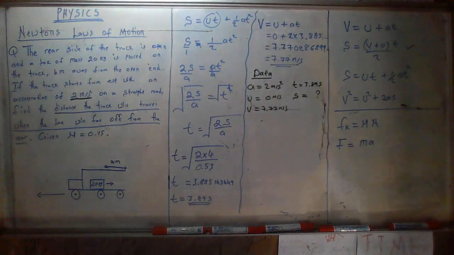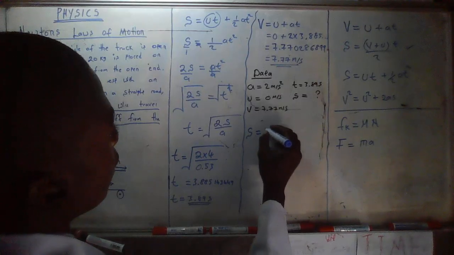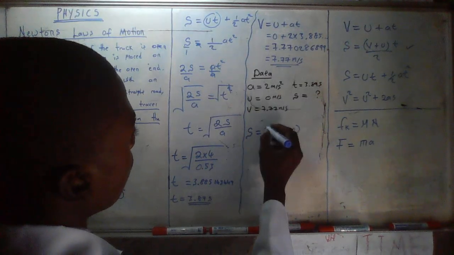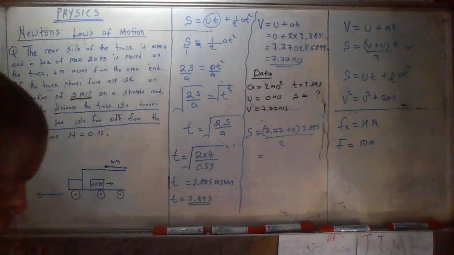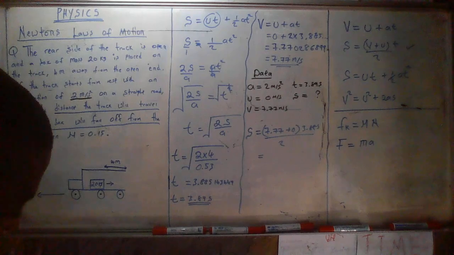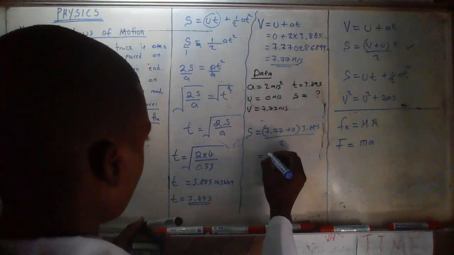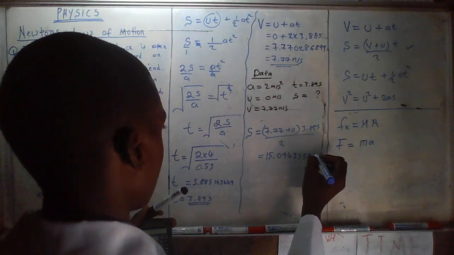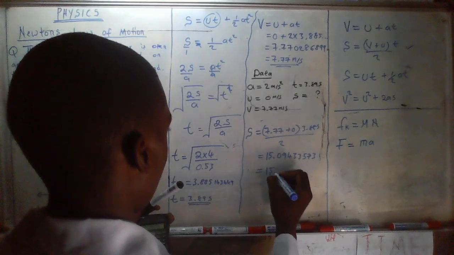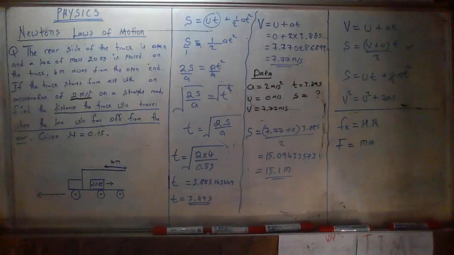The distance is equal to the final velocity plus initial velocity, over 2, times time. So 3.885143449 over 2 gives the distance to be 15.09433573. Yeah, this is our distance.